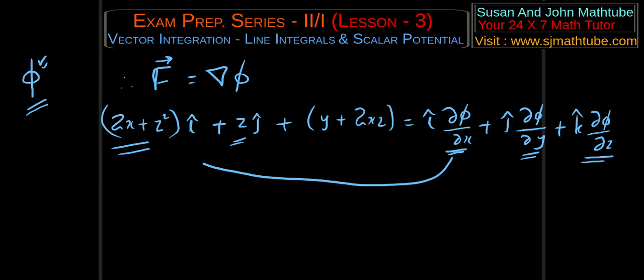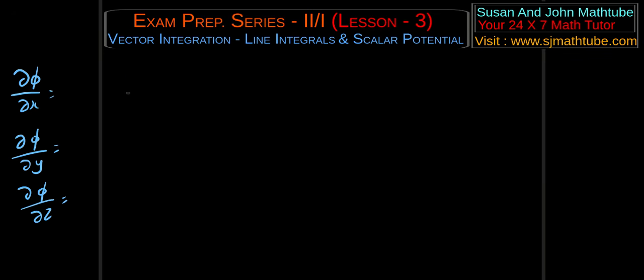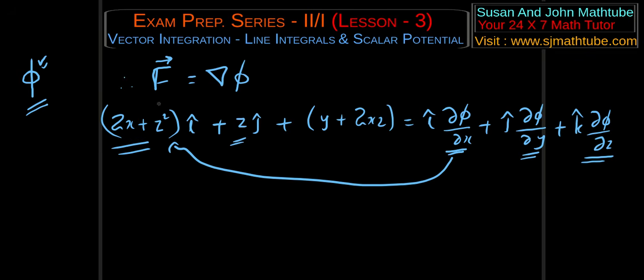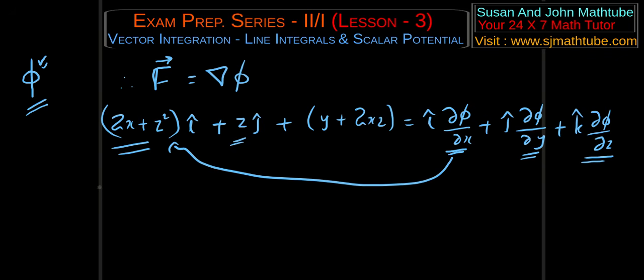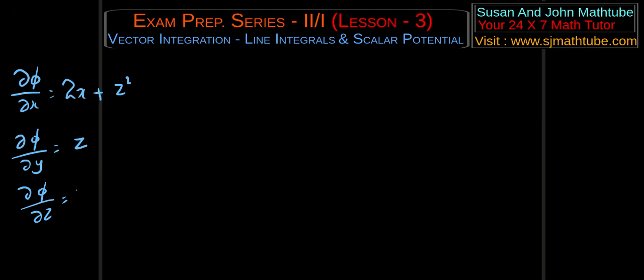So equating this and this, we get 2x plus z square, and this is equal to z, and the last one y plus 2xz.